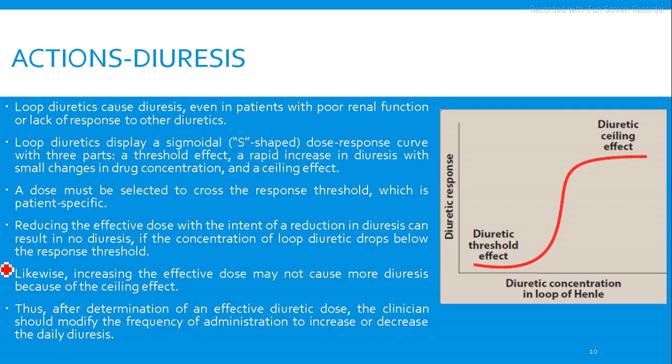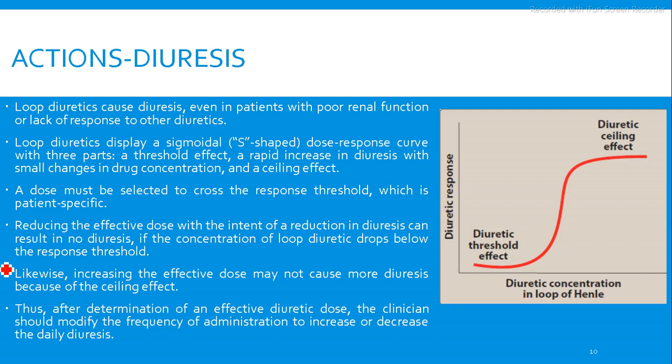So what is this threshold effect? Threshold effect means that when we give a loop diuretic, it should reach a certain concentration at that particular site of action so that it can produce the diuretic effect. If the dose remains below this level, there will be no diuretic action.